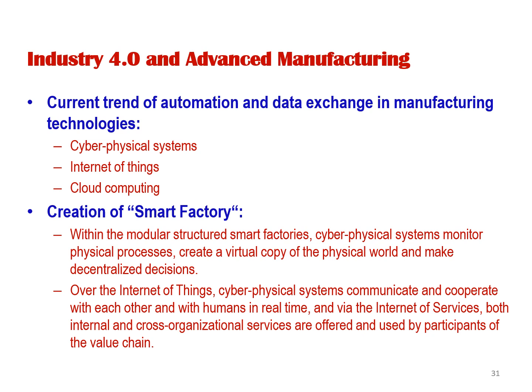Over the Internet of Things, the cyber-physical systems communicate and cooperate with each other and with humans in real time. And via the Internet of Services, both internal and cross-organizational services are offered and used by the participants of the value chain.